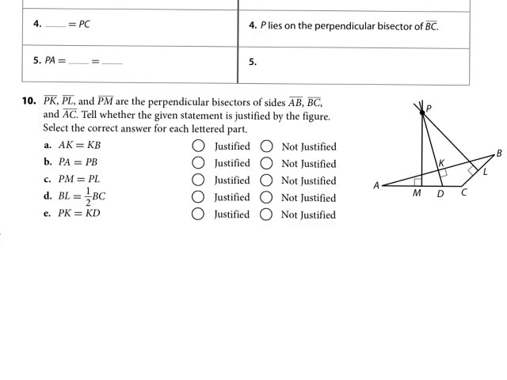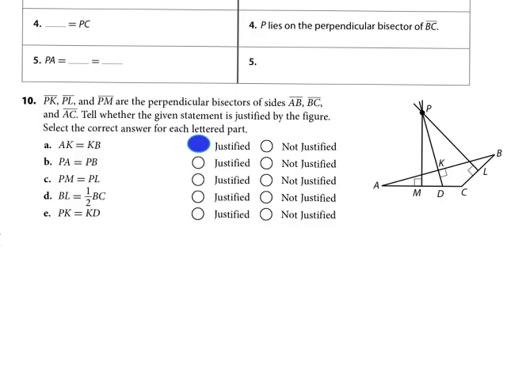Tell whether the given statement is justified by the figure and select the correct answer for each lettered part. AK is equal to KB. Now this would be justified. This is justified because PK is the perpendicular bisector of AB. Cuts it in half.